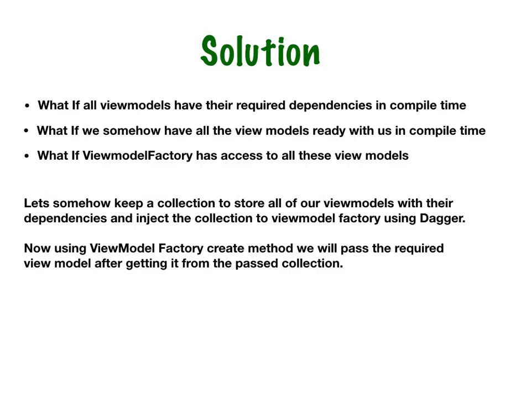So what we can do is we can somehow keep the collection of view models and inject it to the view model factory using Dagger. So that's the thing. Now where we can store these view models, there has to be one collection which can be injected by Dagger at the compile time to the view model factory.